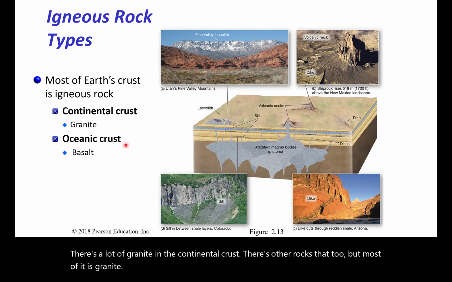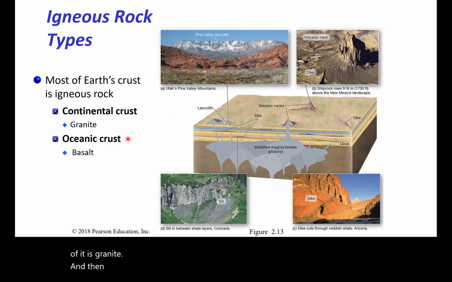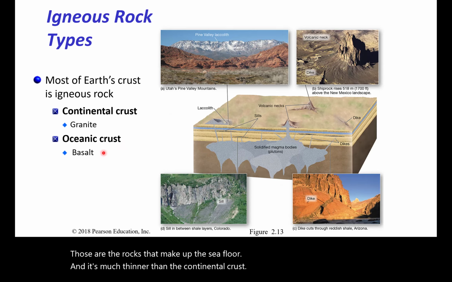And then oceanic crust, that is the seafloor. Those are the rocks that make up the seafloor, and it's much thinner than the continental crust. Even though it's thinner, it is made of basalt.